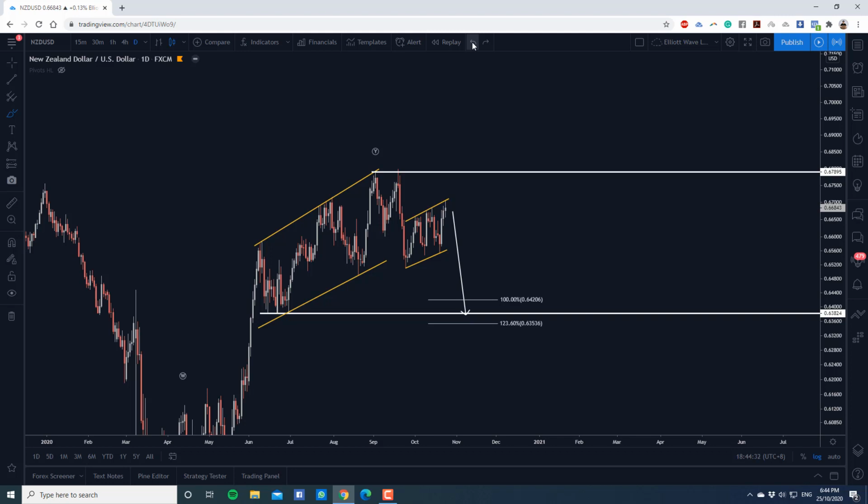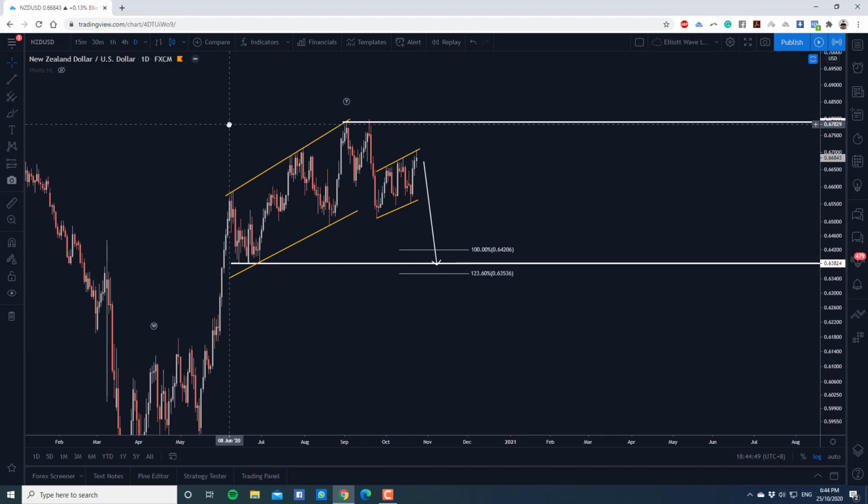Whenever we execute a trade, we also want to know what's happening on a higher time frame. Are we trading in line with the daily time frame direction, or are we taking more of a short-term counter-trend trade? In this case, you can see the directional bias on the New Zealand dollar based on the daily time frame: we are looking for downside. Two combinations of patterns coming together increases the confluences.